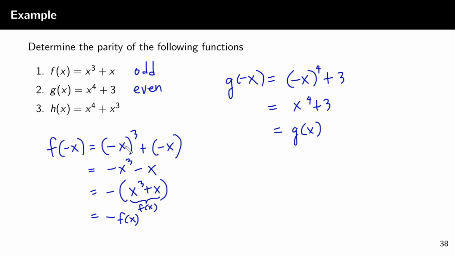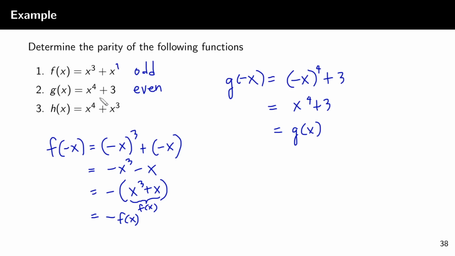Kaya kapag pinalitan natin yung x ng negative x, na-factor out lang yung negative. Okay. So, if a polynomial function contains terms such that all powers of x are odd, so dito meron tayong x raised to 3, and then x, which is just, of course, x raised to 1. So, odd parehas. Odd lahat ng powers, then odd function din yung f of x.